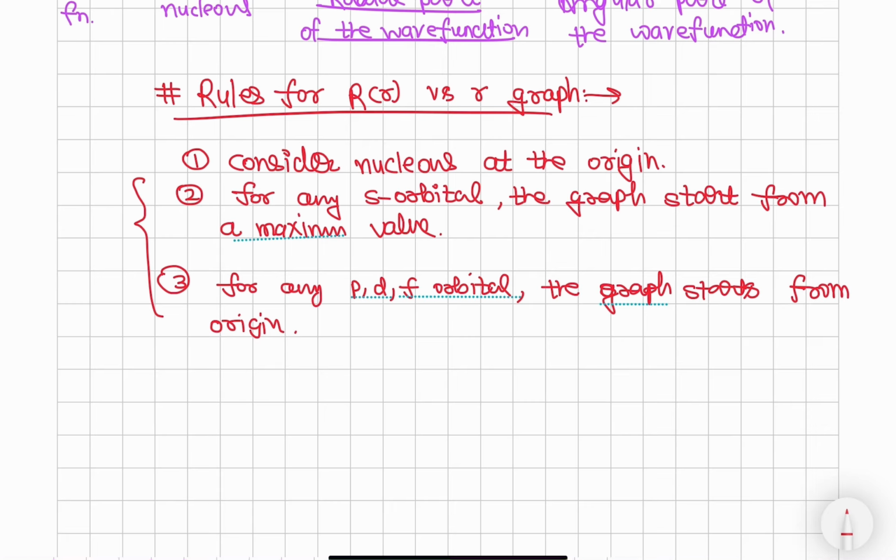Why does the graph start from a maximum value in case of s orbital, and why does it start from the origin in p, d, f orbitals? Because the radial part of the wave function R(r) is directly proportional to r to the power l.